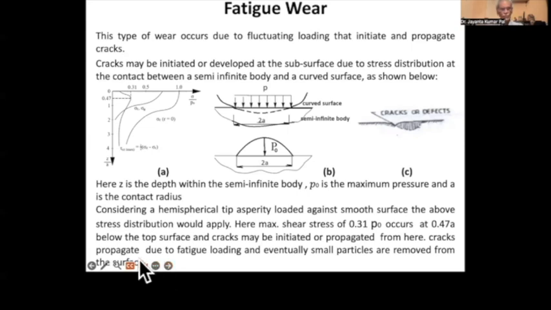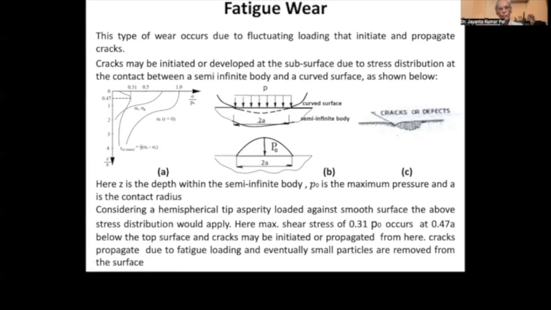Usually, if you take a curved body pressed onto a flat, semi-infinite body like this, then there will be a contact surface generated like this. So the contact width is 2a, and the maximum pressure is P0.